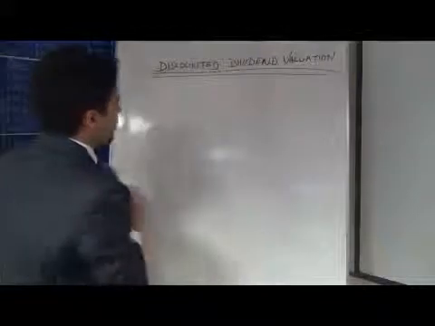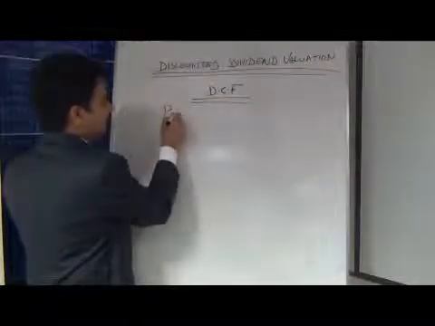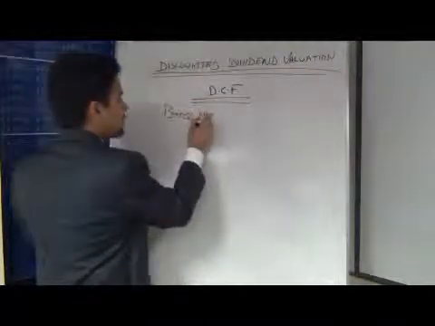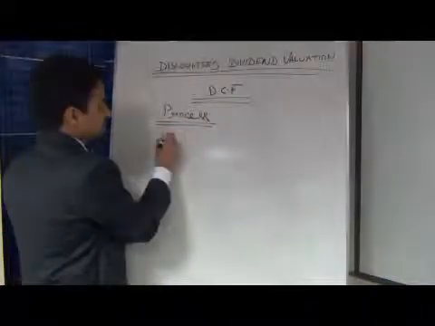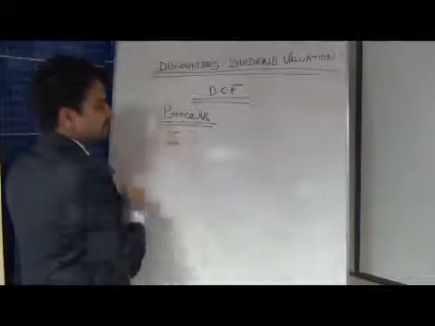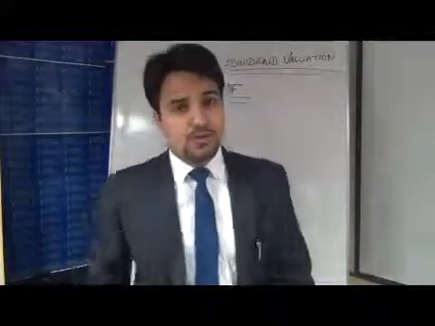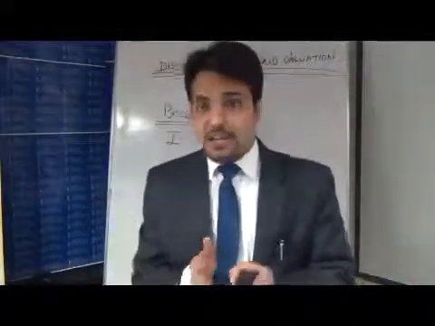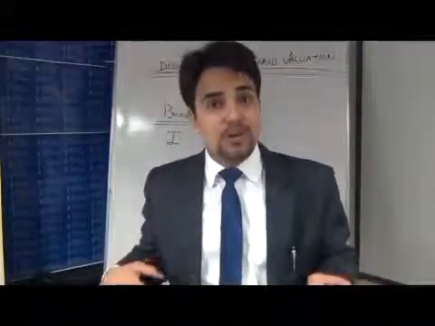Now let's talk about the discounted cash flow valuation. So what is the process of applying discounted cash flow based valuation? The process comprises 3 very simple steps. You know the definition of discounted cash flow based valuation. It says present value of all future cash flows is the value of a security.